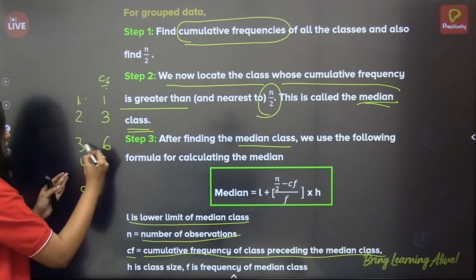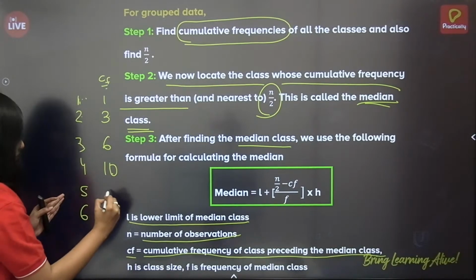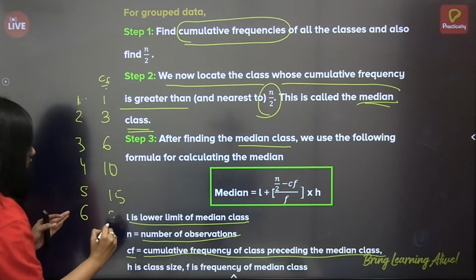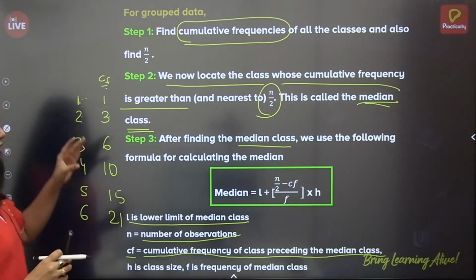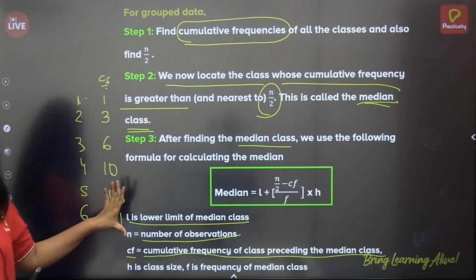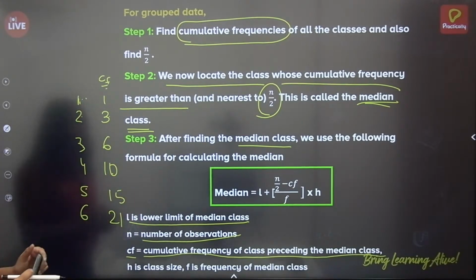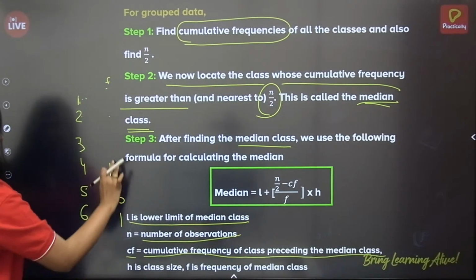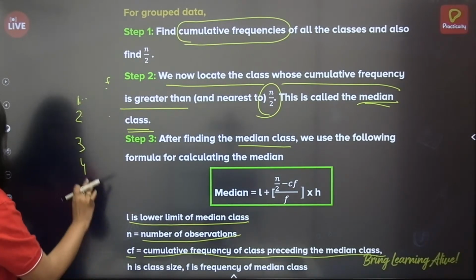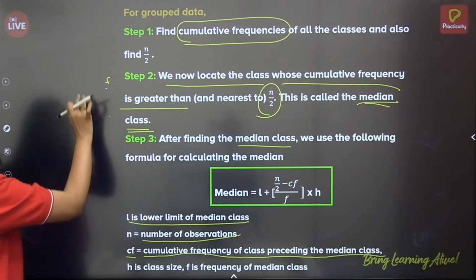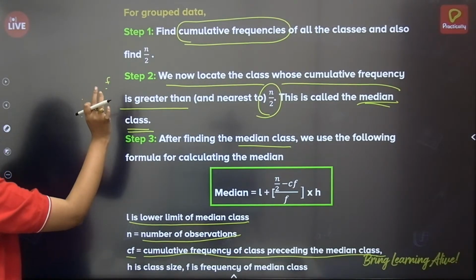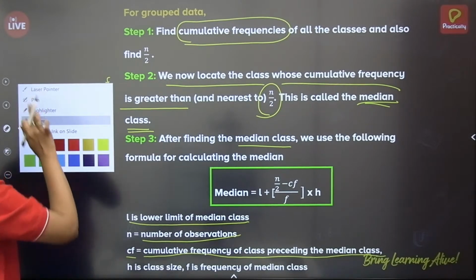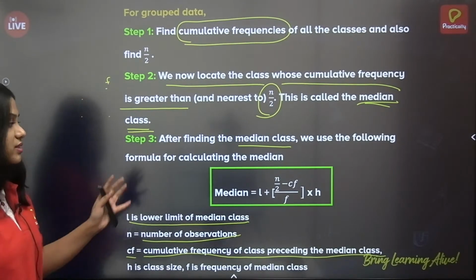For this, 6 plus 4, 10. 10 plus 5, 15. 15 plus 6, 21. This is how you find the cumulative frequency. I'm erasing this because this is just an example. All right.